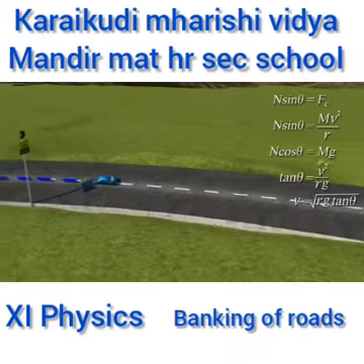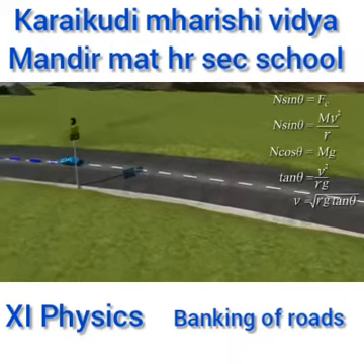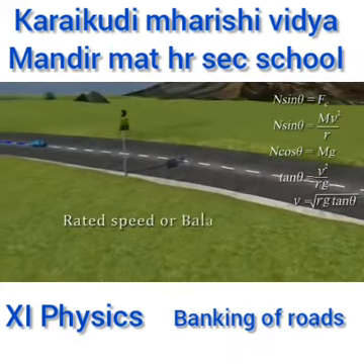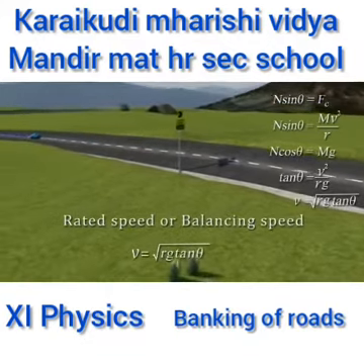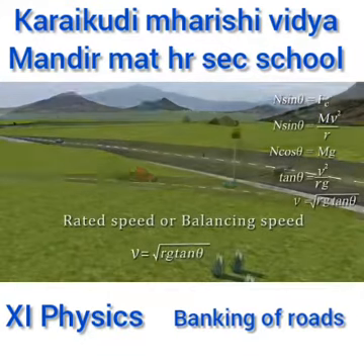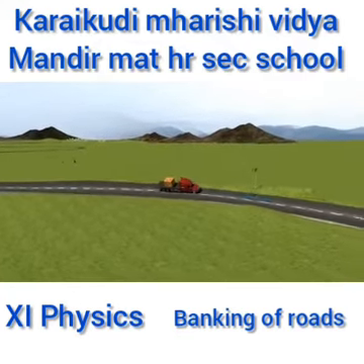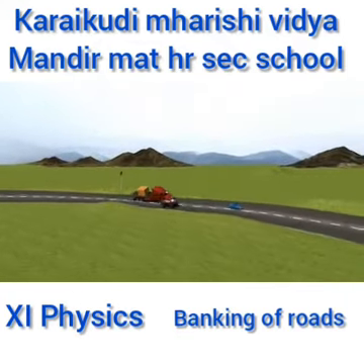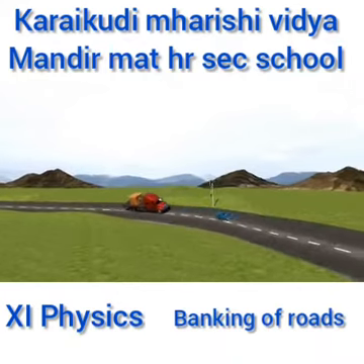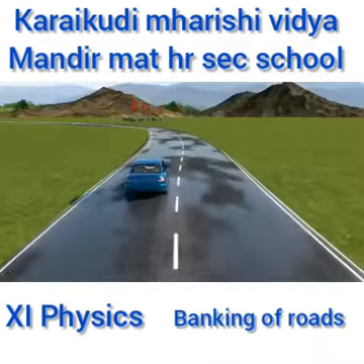It takes the advantage of the friction. The rated or balancing speed v is equal to square root of rg tan theta. You know already tan theta is equal to mu s. That mu s into rg is only given as rg tan theta.